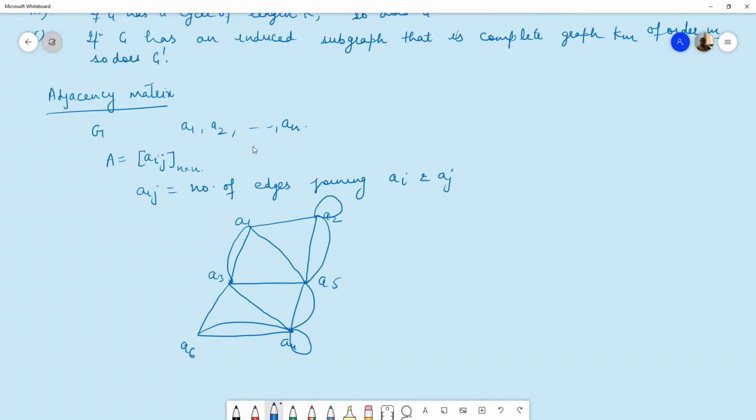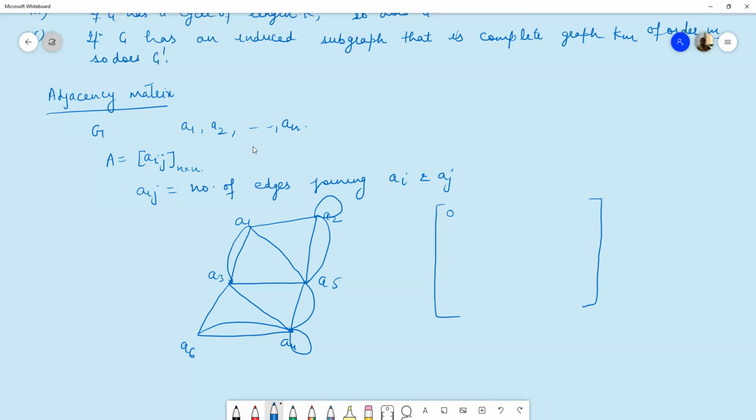So let us take this graph and we will make the adjacency matrix. It has 6 vertices, so the matrix will be a 6 by 6 matrix. The first entry of the matrix will be A11, which means the number of edges from A1 to itself, but there is no edge from A1 to itself. The next entry is A12.